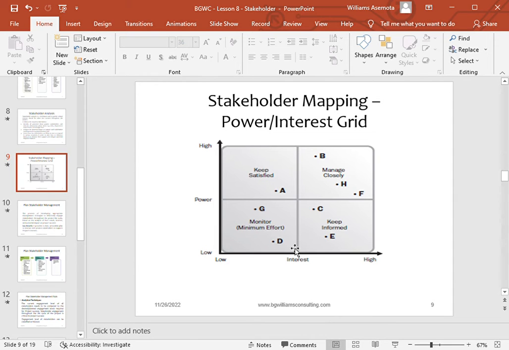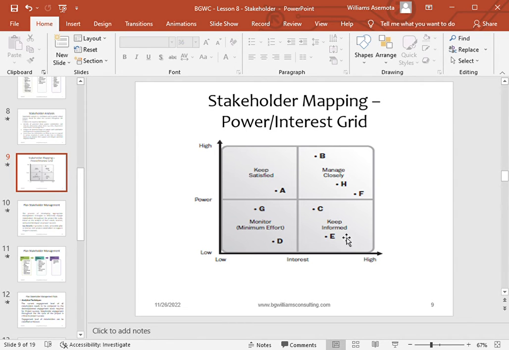So what you are expected to do as a project manager is to monitor them. Why do you have to monitor them? Because they may have relationship with all your key stakeholders. So if they have relationship with your key stakeholders, they can easily influence your project. That is why you must monitor them. And you can see the level of monitoring: minimal effort.